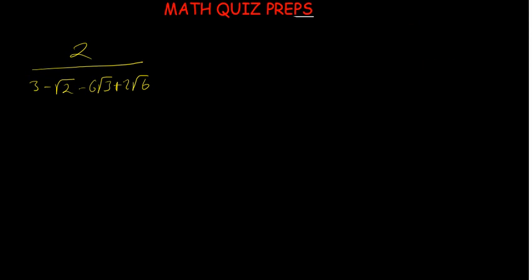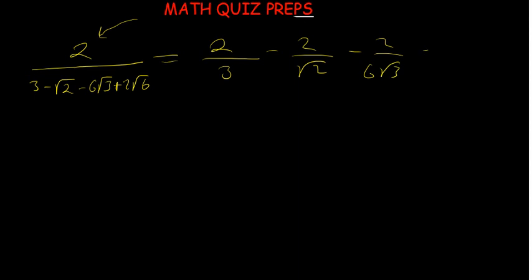So how do we simplify that one? Is it true that we can split this into 2 over 3 minus 2 over root 2 minus 2 over 6 root 3 plus 2 over 2 root 6? Is this true?